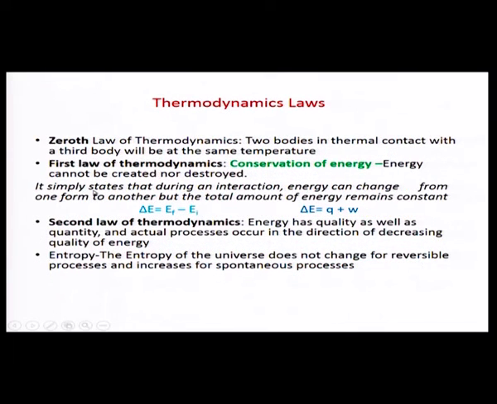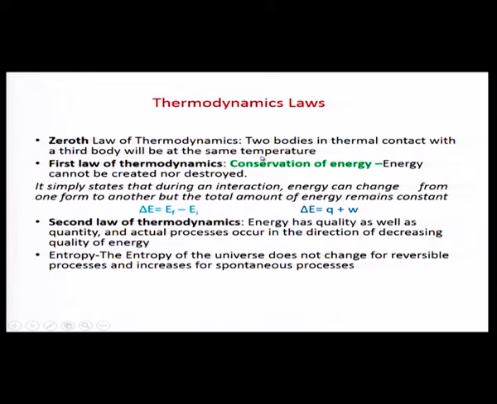And there are different laws concerning thermodynamics. We should see some of them. One common law that deals with equilibrium is called the zeroth law of thermodynamics. Suppose two bodies are in thermal contact with a third body, which will be at the same temperature.